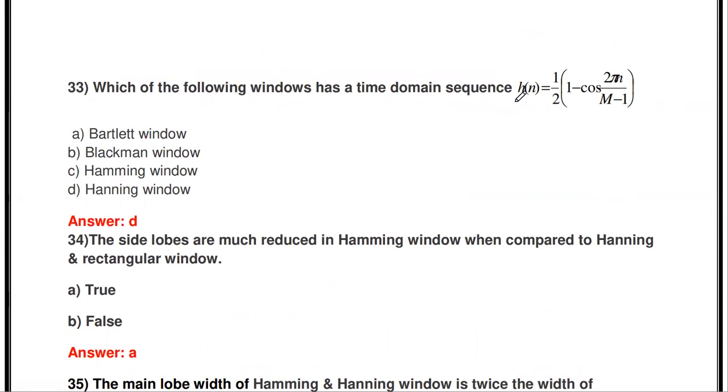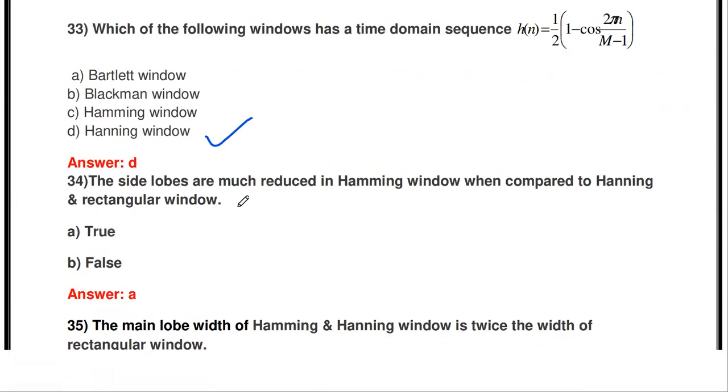That is, the window function is 0.5 minus 0.5 cos 2 pi n by n minus 1. Options: Bartlett, Blackman, Hamming, Hanning. It is the Hanning window formula.